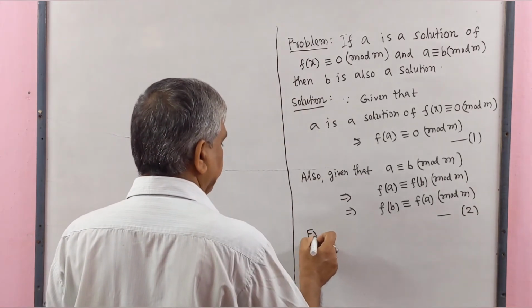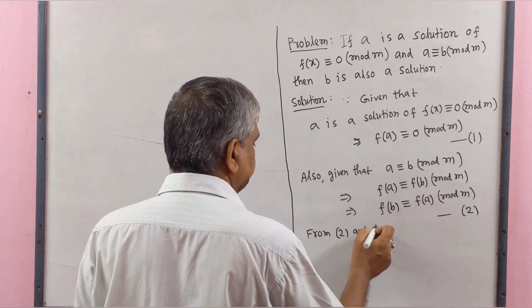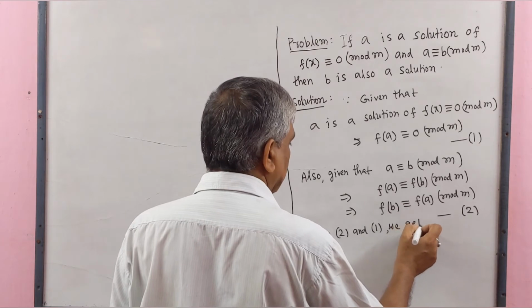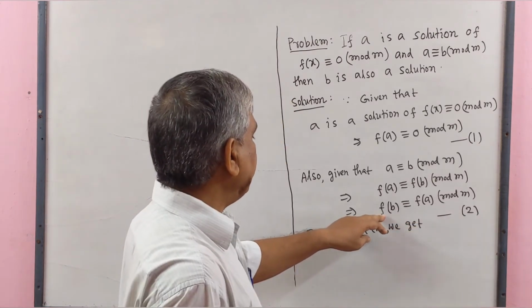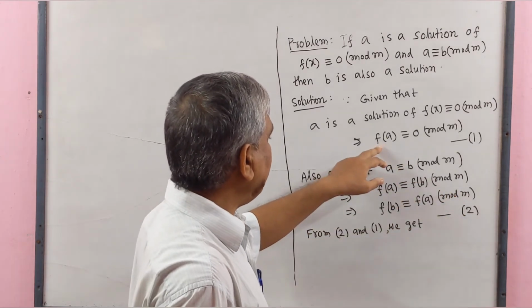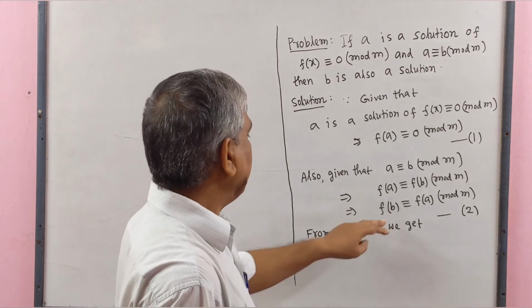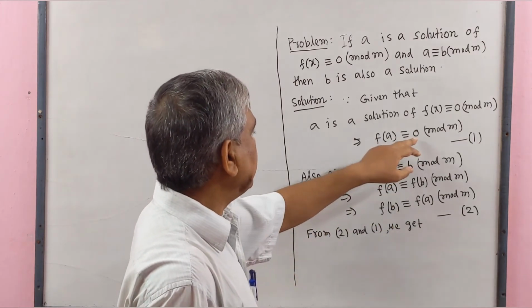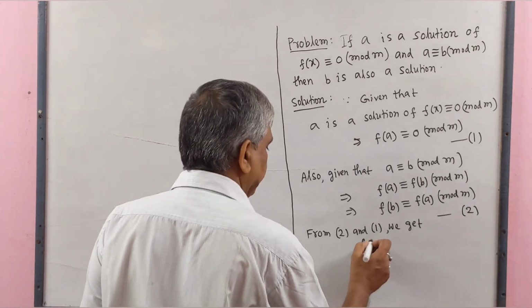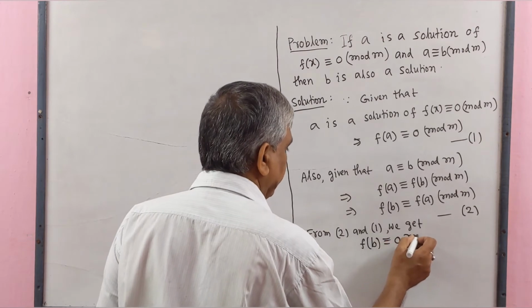From 2 and 1 we get: f(b) congruent to f(a) modulo m, and f(a) congruent to 0 modulo m. That means f(b) is congruent to 0 modulo m.